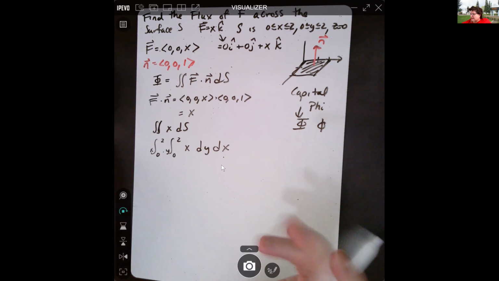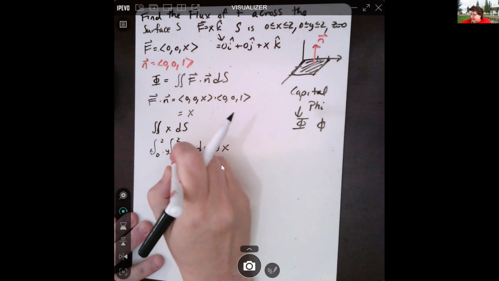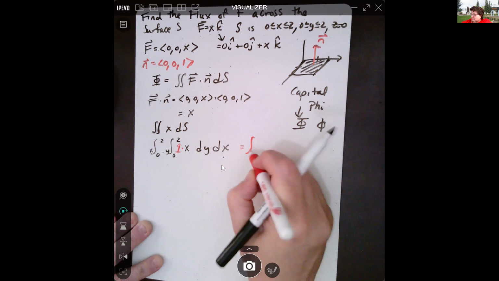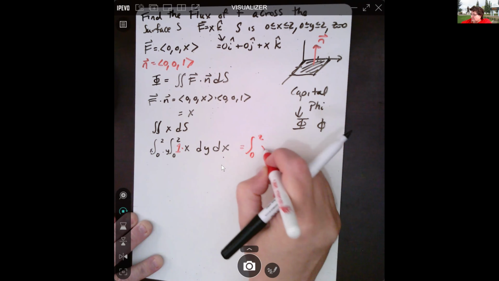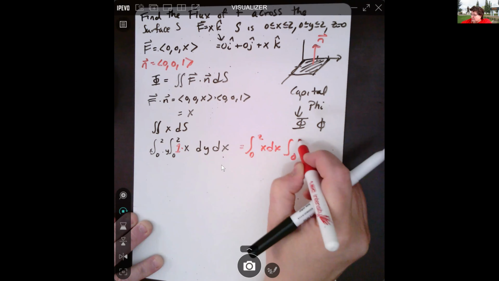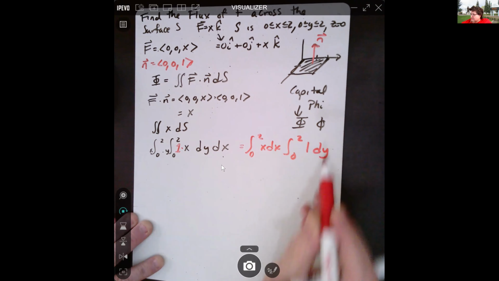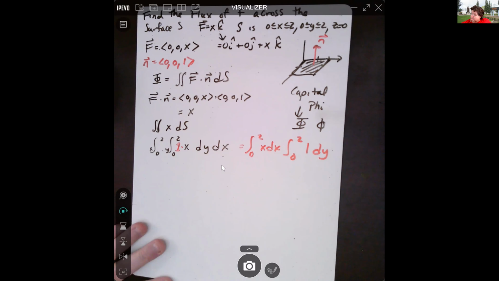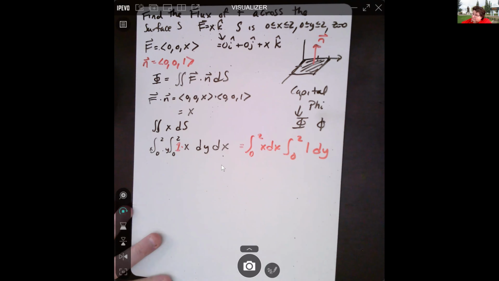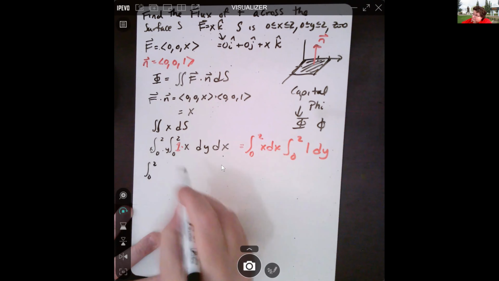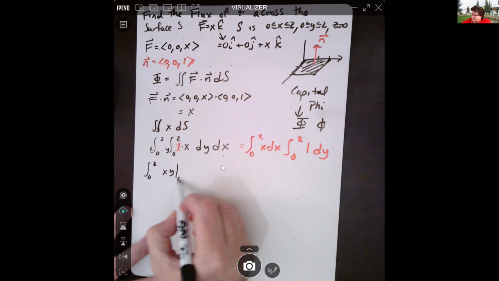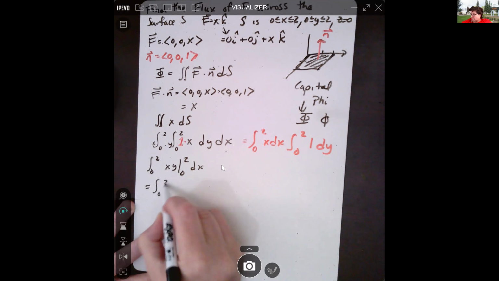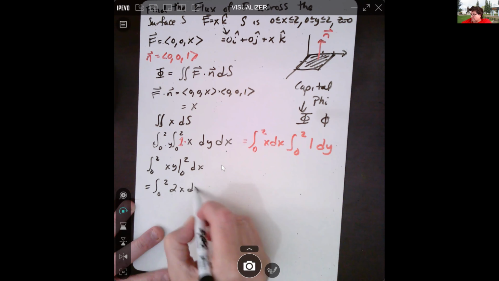Now, if you want to recognize this as a product of 1 and x, this is separable. Or we can just work with it normally.